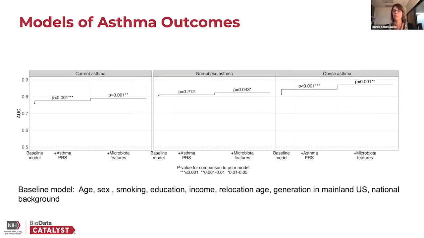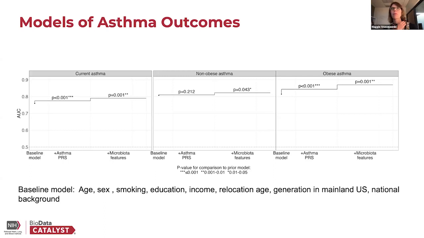And so then we wanted to build parsimonious models of these outcomes. We were wondering, if we have genetic information, does that improve our ability to differentiate people who have asthma versus not asthma? And if we have microbiota information, does that additionally improve our ability to differentiate these conditions?